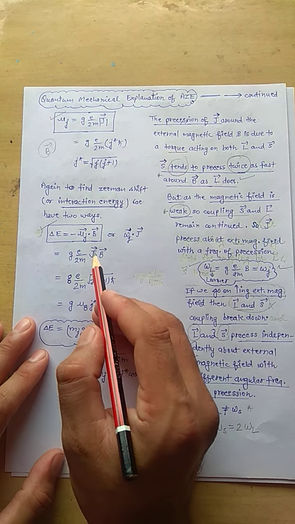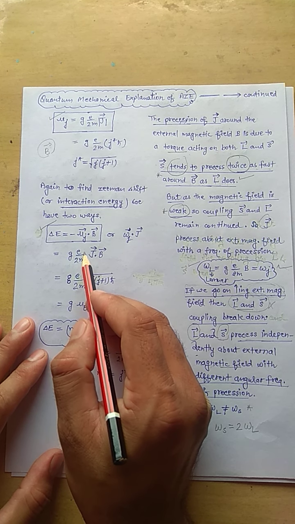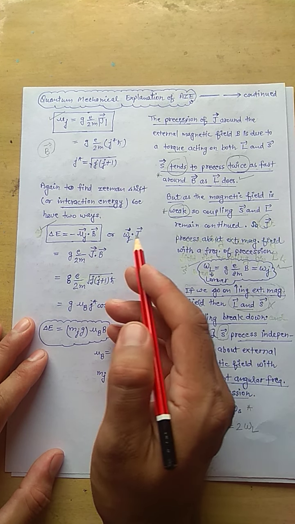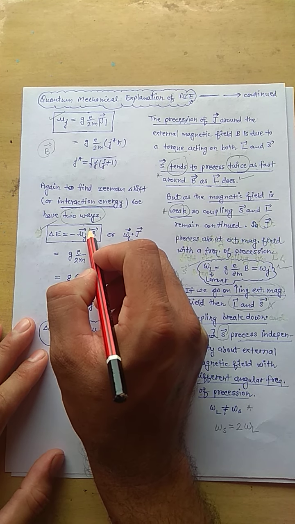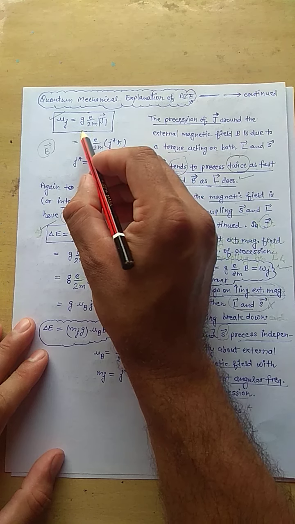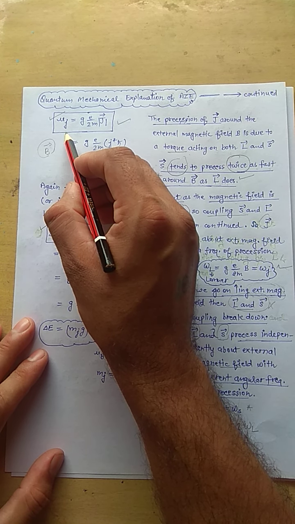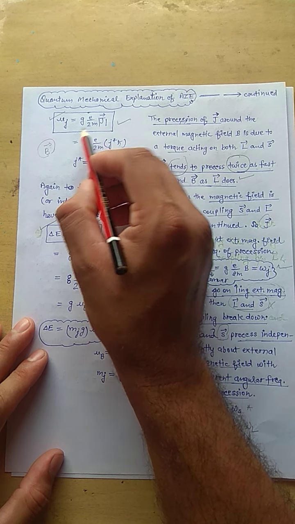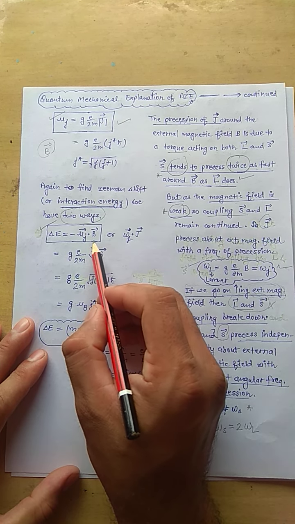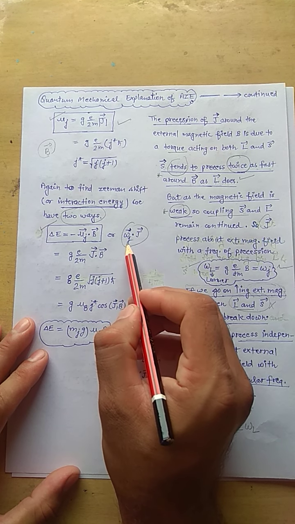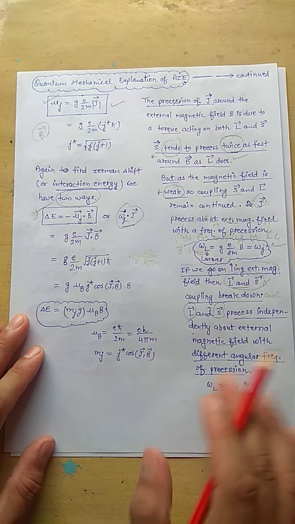इंटरेक्शन एनर्जी। सेम हमने क्वांटम मैकेनिकल ट्रीटमेंट ऑफ नॉर्मल जीमन इफेक्ट में किया था, वहाँ पे भी हमने टू वेज डिस्कस किए थे इंटरेक्शन एनर्जी को फाइंड आउट करने के लिए। सो दिस इज हाउ यू विल राइट द magnetic dipole moment, total magnetic dipole moment, and you will take its dot product with B, or you can find mu j dot j, then it will also give you the same result.